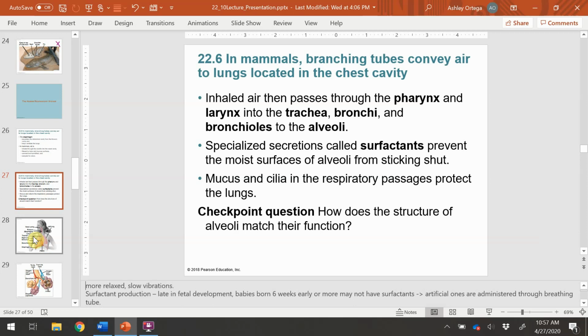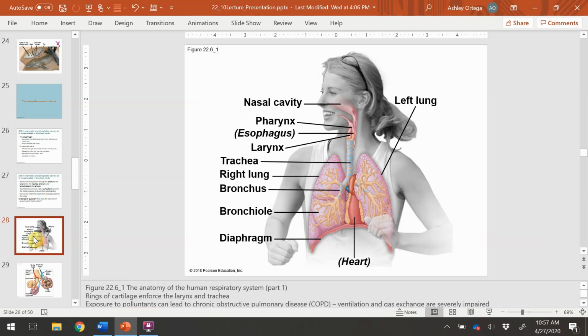So let's take a look at the structures here. So at the top there, you can see the nasal cavity that will lead to the pharynx, which you can also see has the esophagus, which will lead to the digestive system. But for breathing, it will go to the larynx, where your voice box, your vocal cords are.